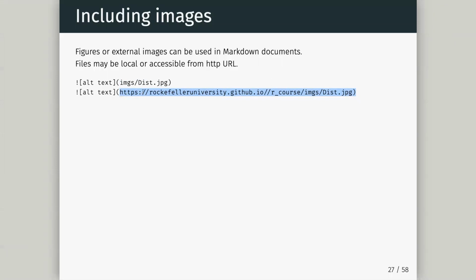You can just do HTTPS:// and then the actual path to it online, and it will download it and insert it into your Markdown document. So it's always going to follow this format: exclamation mark, within square brackets the caption, and then within parentheses the actual path either to your local computer or on the internet.